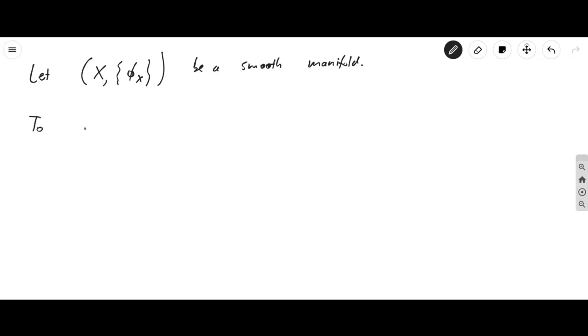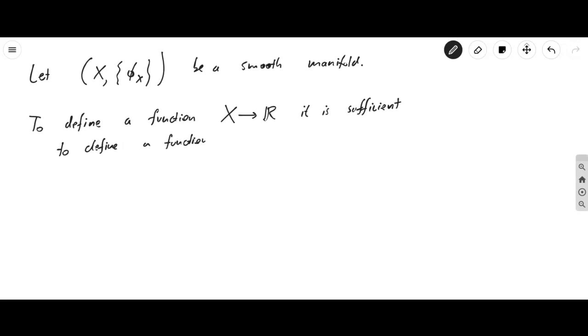So to define a function from x to R, it is sufficient to define a function in each chart.